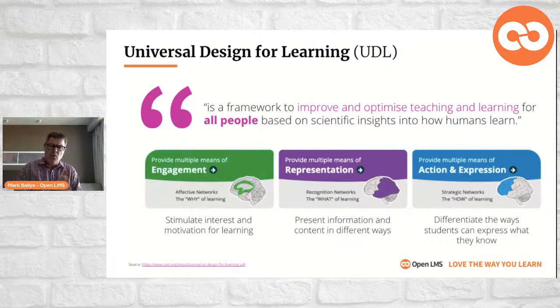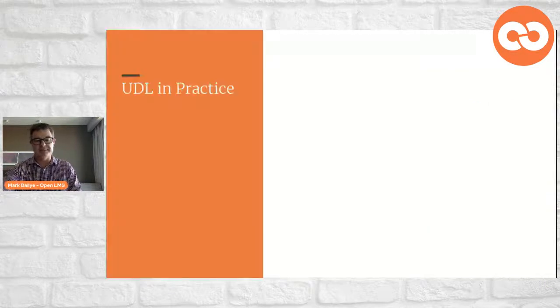How does that thinking process help us create amazing courses that can be delivered in such a way that all our learners can access and take advantage of the learning we're providing? So what does UDL in practice look like?